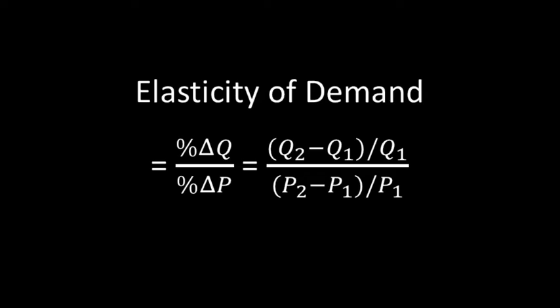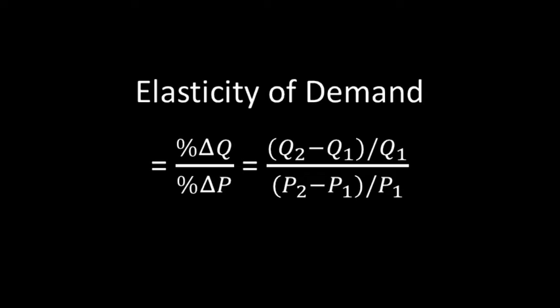To kind of mentally unpack this, look at the ratio real quick and think about what that would mean. So if people are very, very sensitive to the price, that means if you take the denominator and you just nudge it a tiny, tiny bit so that the nudge in the denominator approaches 0, then people are so sensitive that that tiny nudge is just going to cause them to really, really change their quantity demanded. So the change in the denominator is going to approach 0.